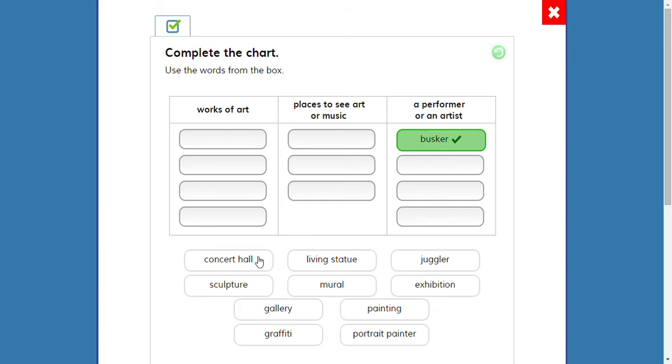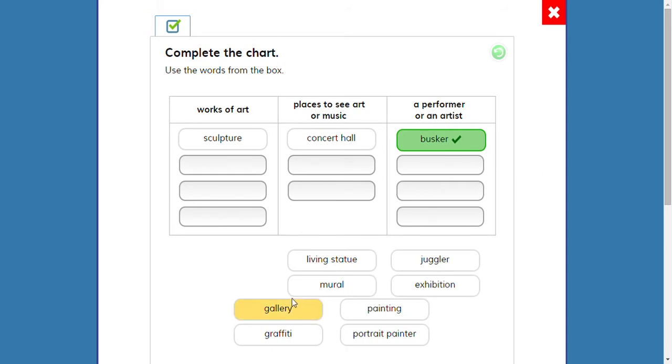If I say concert hall, it is the place. Places to see art or music. If I say sculpture, a performer? No. A place? No. Work of art.